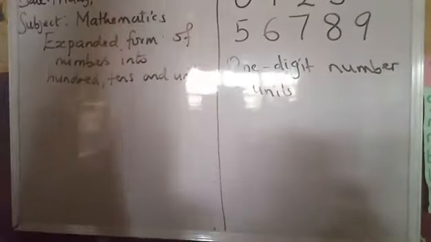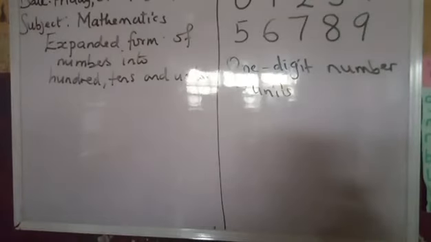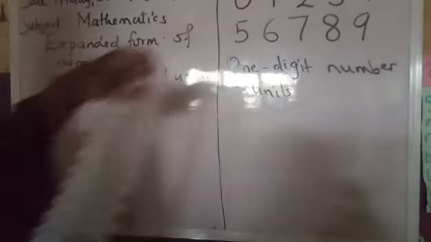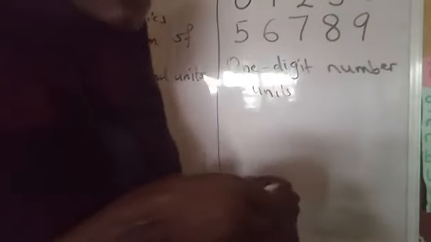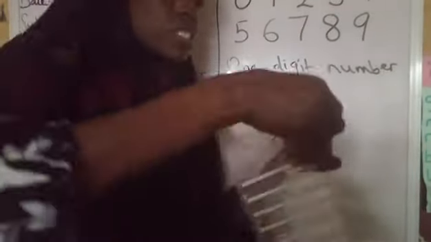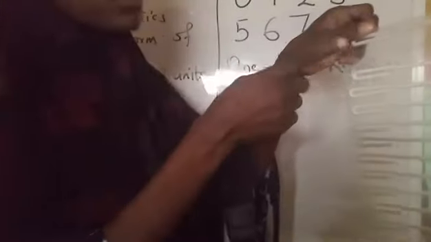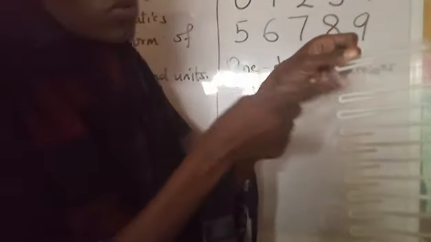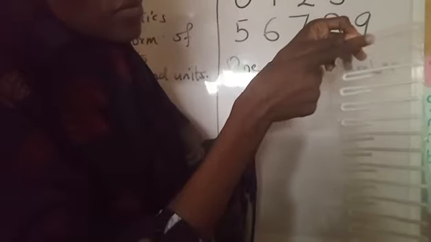Permit me, let me take something to use as an example. Now I have this roll of straw. I want to do my counting. What I mean by counting in ones, to explain what unit means, is counting one number at a go. 1, 2.